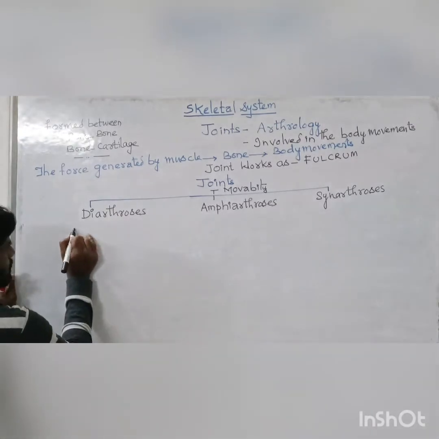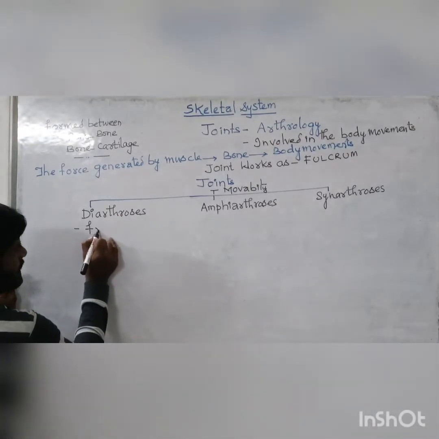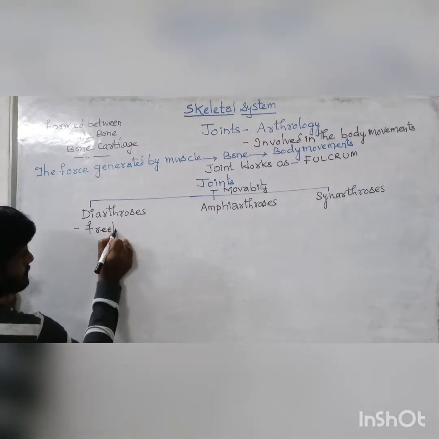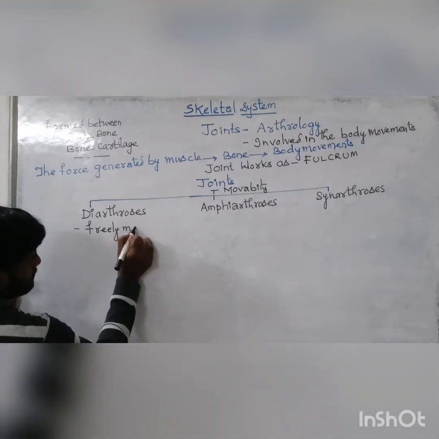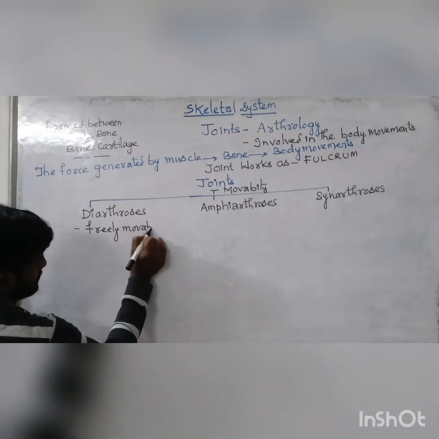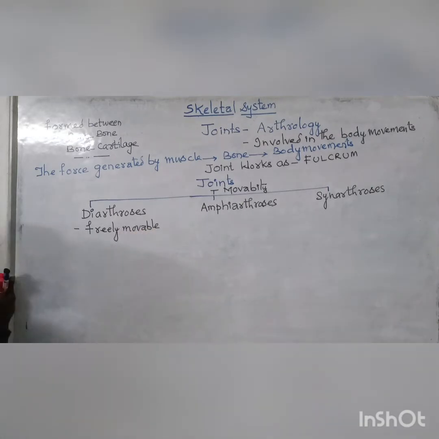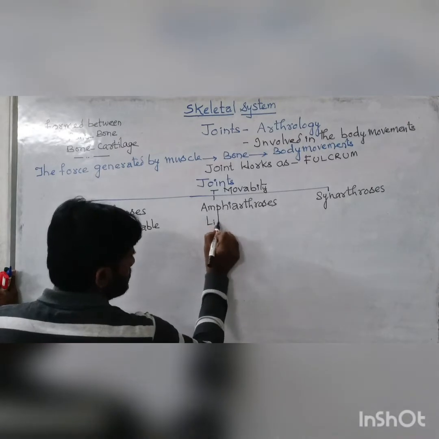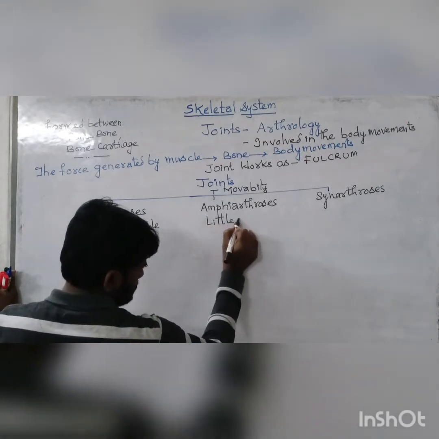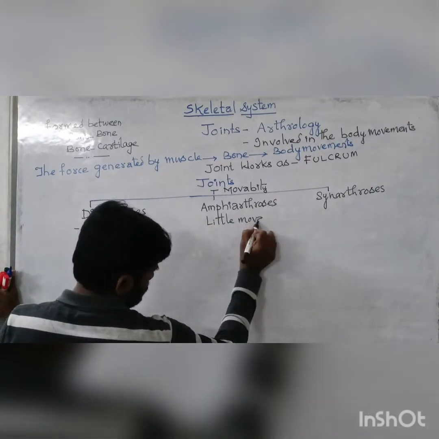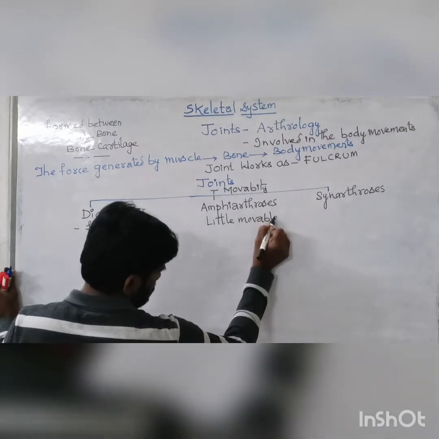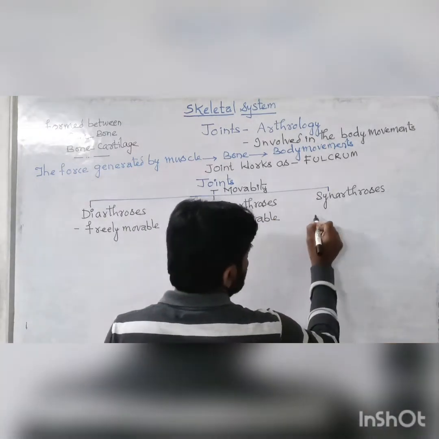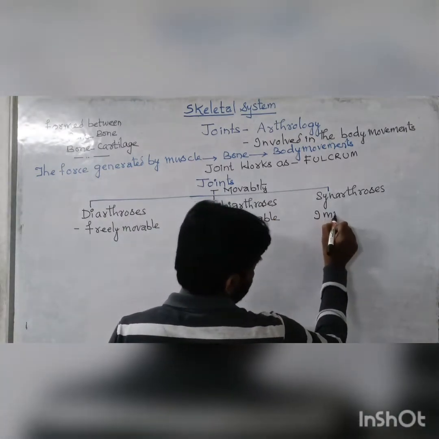All diarthrosis are freely movable. Amphiarthrosis are a little movable. Synarthrosis are totally immovable.